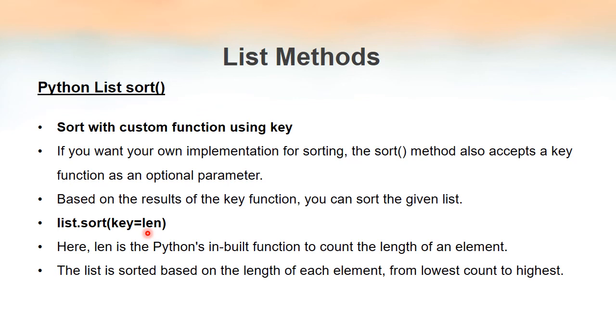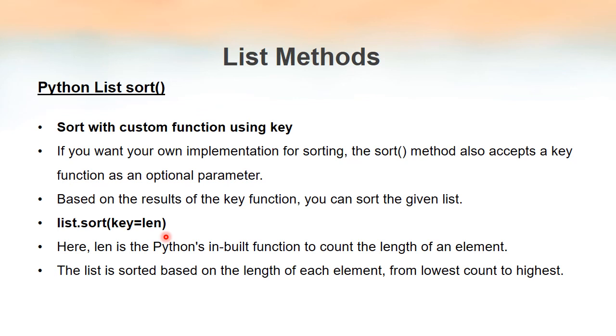So in that case the list will be sorted based on the length of each element inside that list, from lowest count to highest. Suppose we have a list of words, each word may be of different length.